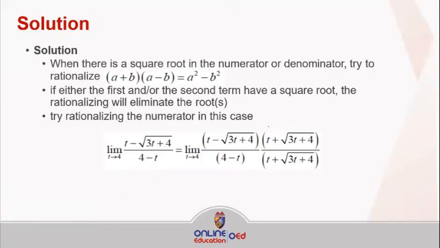value na itong part na to. Ayan. Kung mapapansin nyo, same lang siya dun sa numerator natin. Itong t minus ng square root of 3t plus 4 natin, same side, numerator and denominator, i-multiply natin siya.